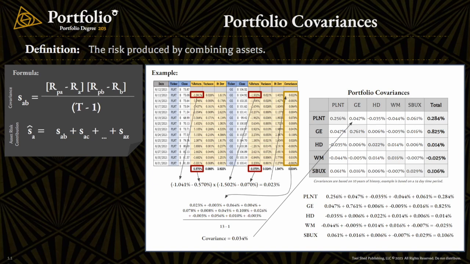Now the initial example used a small data set, versus this example on the right, which came out of our system and uses a 10-year history. So that's why some of the numbers here are a little bit different. But what you're doing here is going across the top row and adding up all of the covariances, and you arrive at an end result of 0.284%.